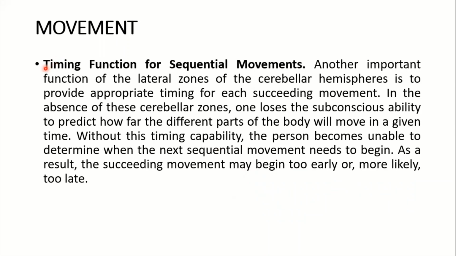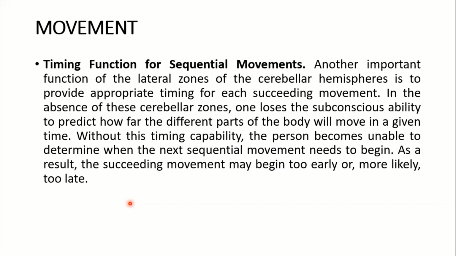So another interesting heading, the timing function for sequential movements. And this is its explanation. Another important function of the lateral zones of the cerebellar hemisphere is to provide appropriate timing for each succeeding movement. In the absence of these cerebellar zones, one loses the subconscious ability to predict how far the different parts of the body will move in a given time.